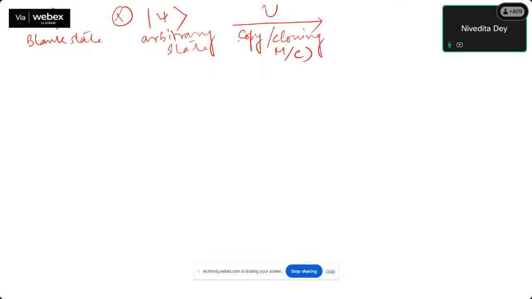If such a unitary operator U, or that oracle, exists, and I know you know oracle because yesterday the professor discussed this term, then this copying machine should be able to clone this arbitrary state into your blank paper or blank state.